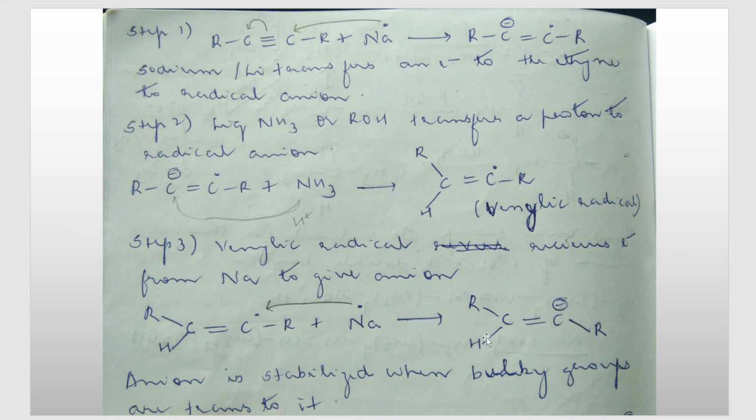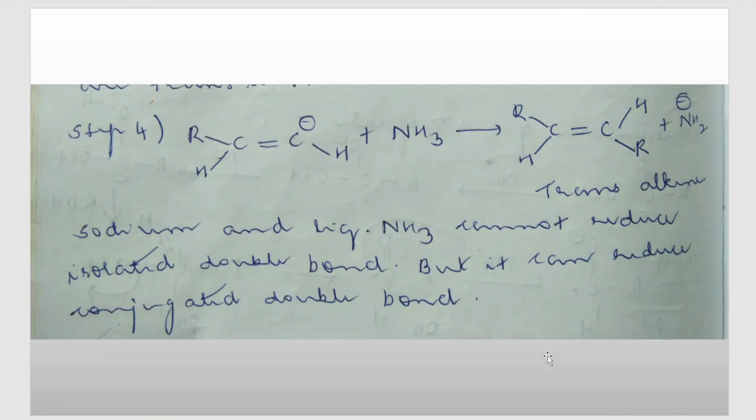So in the trans position, if there are bulky groups present, then this anion will be stabilized. In the last step, step number 4, protonation of this anion takes place from liquid ammonia, that is, NH3 will give one proton here, and we will get this trans alkene species.